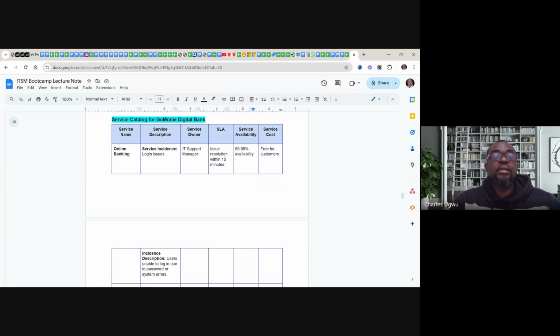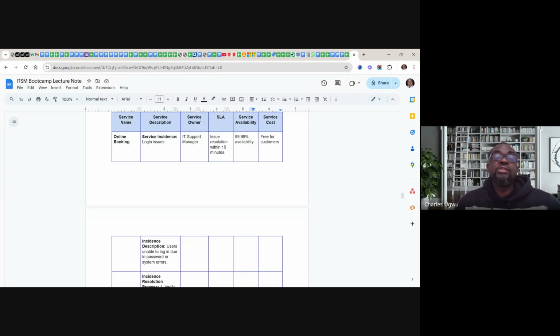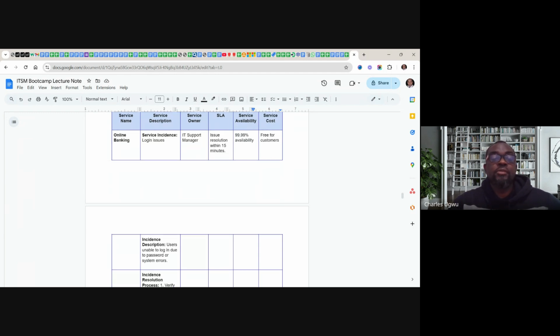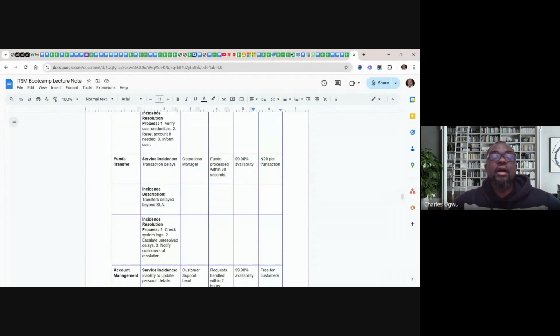So here is the kind of services. Now you can see that their services are different from Full Tracker, because here we have online banking. So they have their own different kind of incidents you are going to get from this kind of service. Then they have another service here, fund transfer, which comes with different incidents.